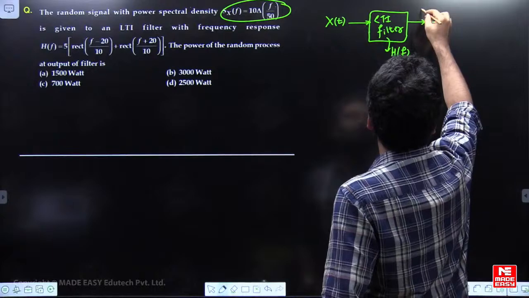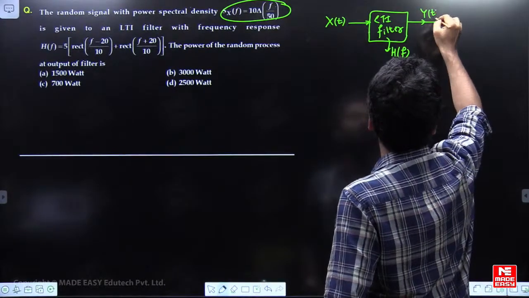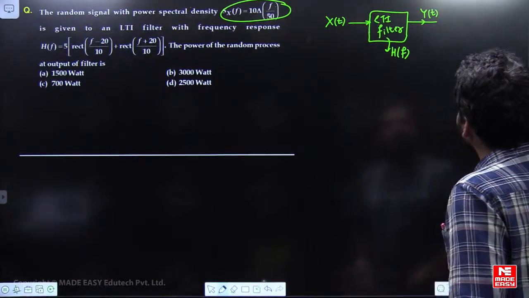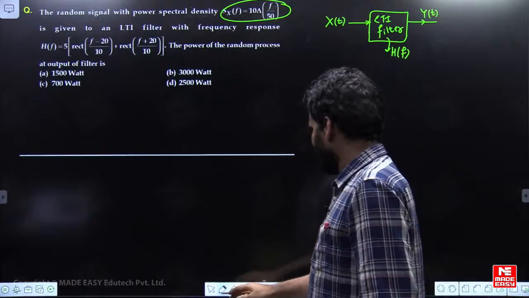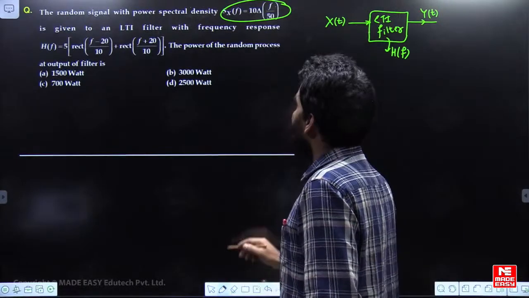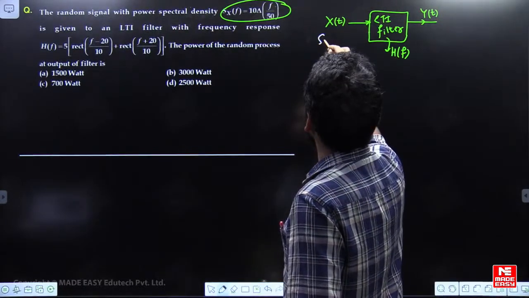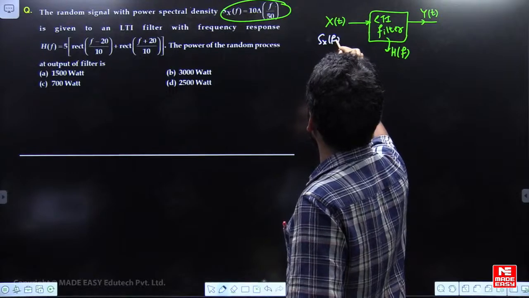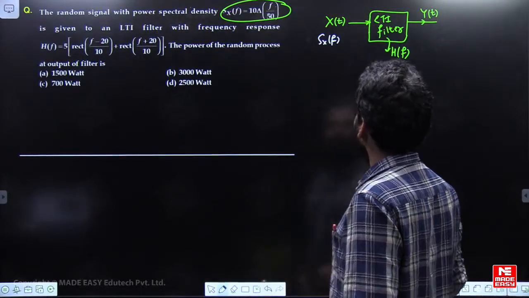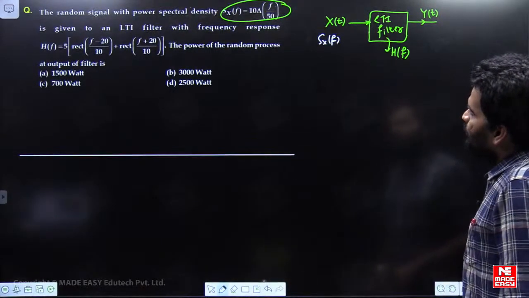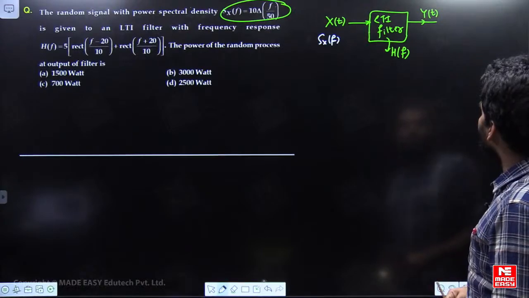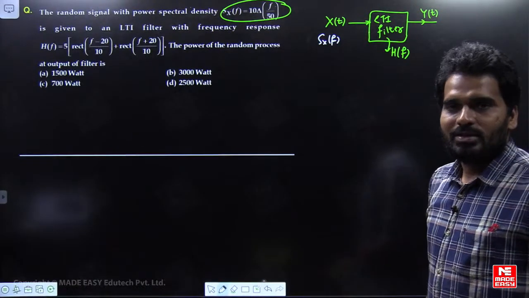What is the random process at the output of the filter? I am denoting it with yt. Then we have to find the power of this yt. Here the power spectral density of xt, that is Sx of f, is given, and we need to find the output power. What is the procedure for this?